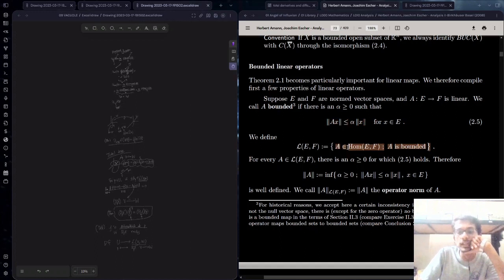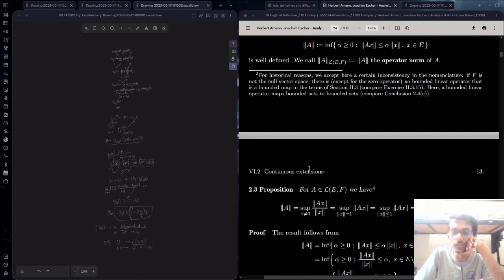They have used the smallest such alpha to define the operator norm, the norm of an element of the linear transformations from E to F.